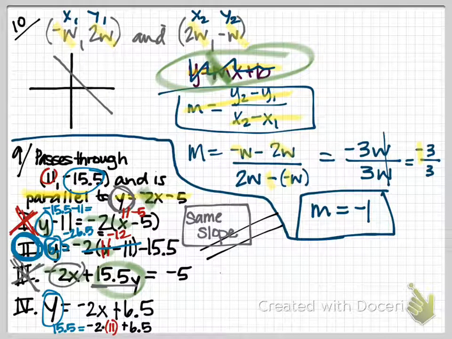You could do all of this in the calculator. Negative 2 times 11 is negative 22. If we add to that 6.5, then we do indeed get back negative 15.5. So 2 and 4 are our answers here.